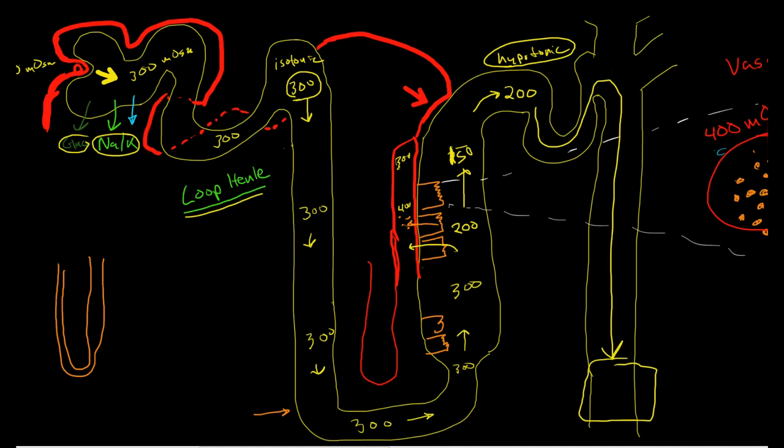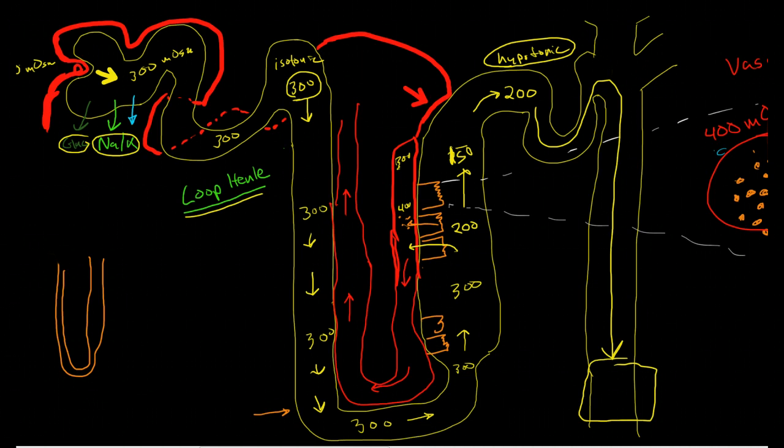Now, what is important to understand is we have a countercurrent occurring here. The countercurrent means we've got the filtrate running in this direction through the tubule. At the same time, the blood is running in the opposite direction, the counter direction, in the vasa recta. So what does that mean?